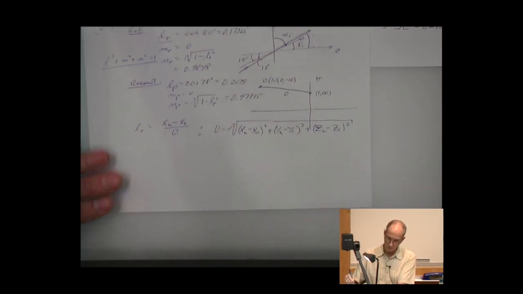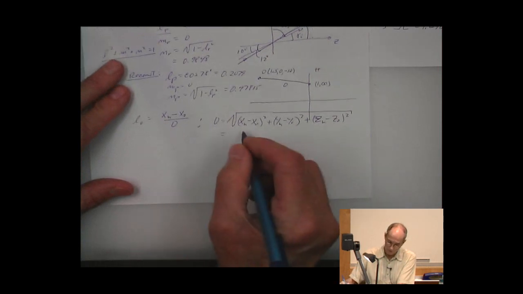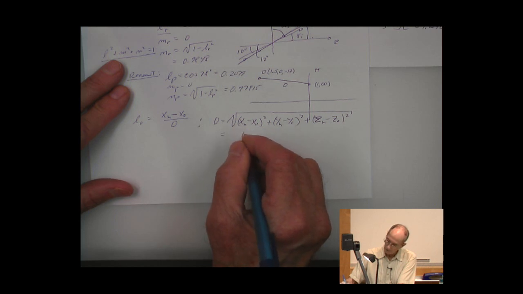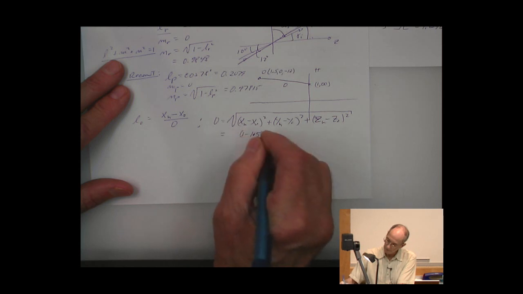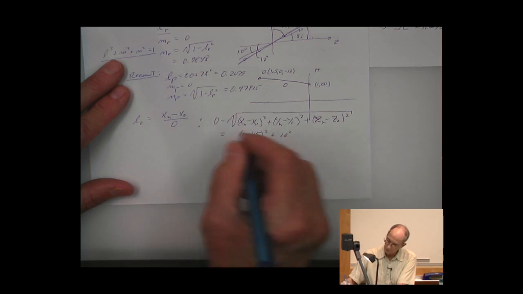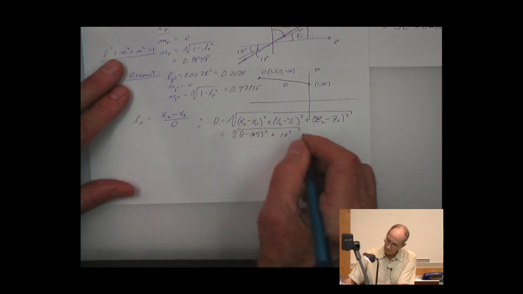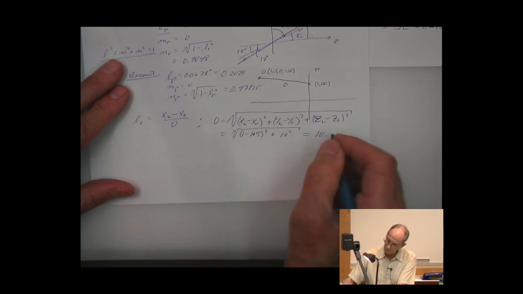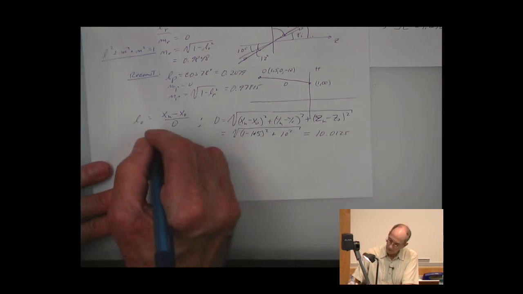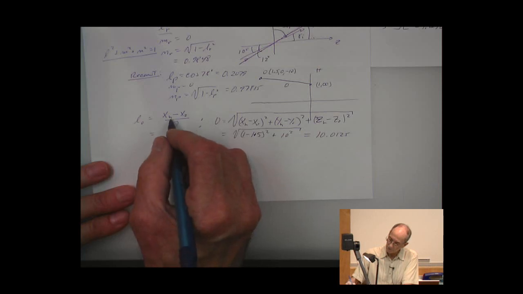So this is 1 minus 1.5 squared, that's 0.25, and then we have 10 squared, square root of that, equal to about 10.0125.